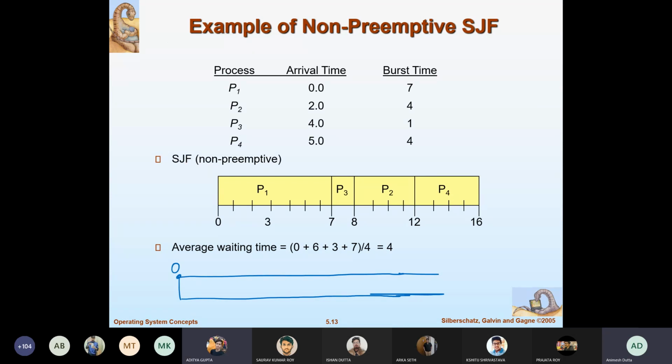Yes, there is only one process, P1. Any confusion? At 0th time, there is only one process in the system, that is P1. So you don't have any choice other than sending P1.